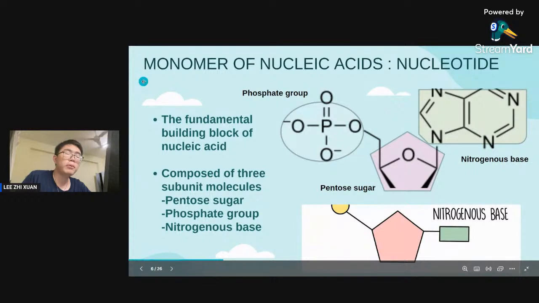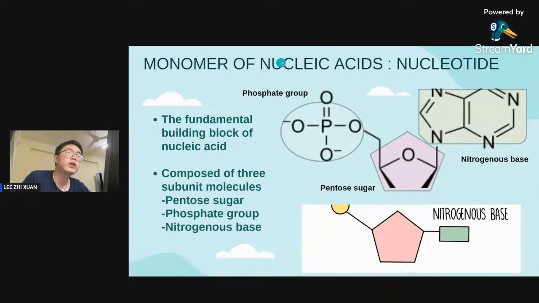Now we will proceed to the monomer of nucleic acid, called nucleotide. So what is nucleotide? If you see this diagram, this is the basic structure of nucleotide. It is the fundamental building block of nucleic acid.